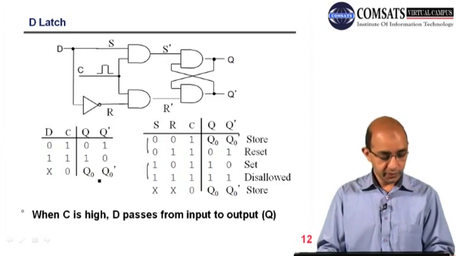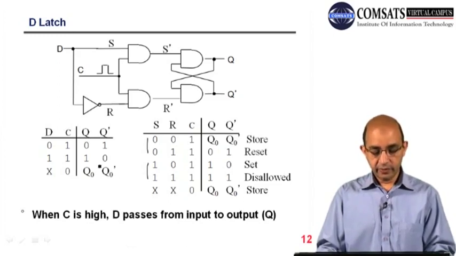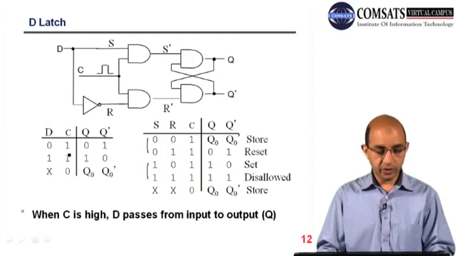In other words, D passes to Q whenever we have a high or active clock. So this is the D latch.